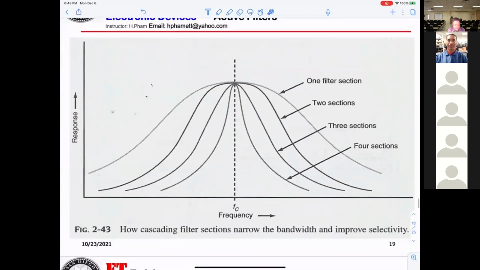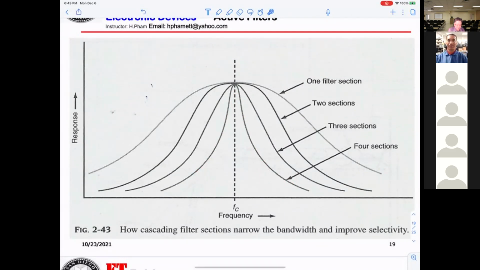Okay, let's see. This one they show you the different output of the filter. 1 pole, 2 pole, 3 pole, 4 pole. Okay. So basically, the best you want will be 4. Okay.